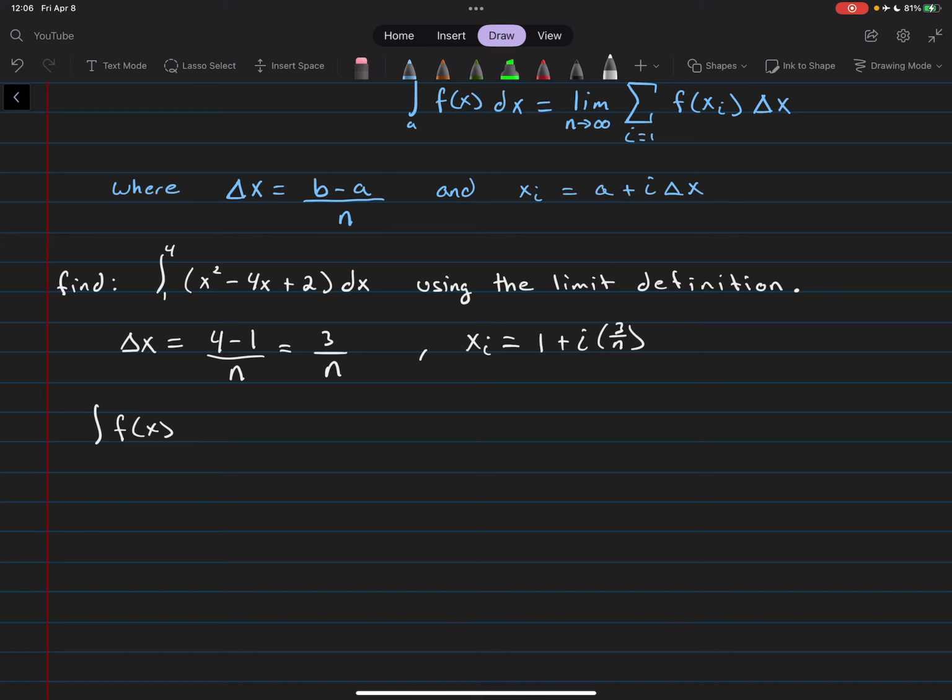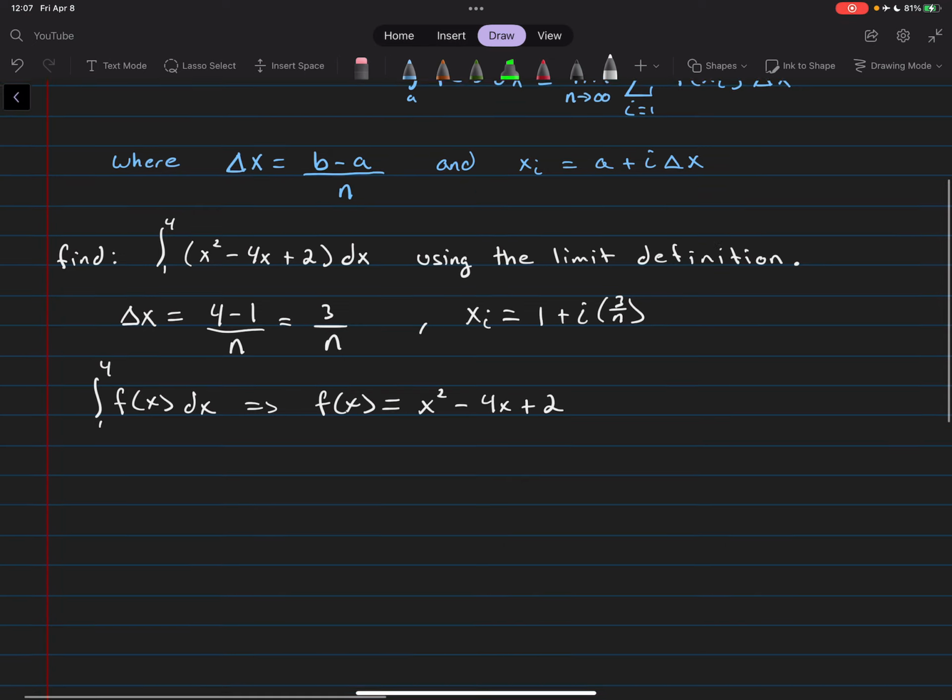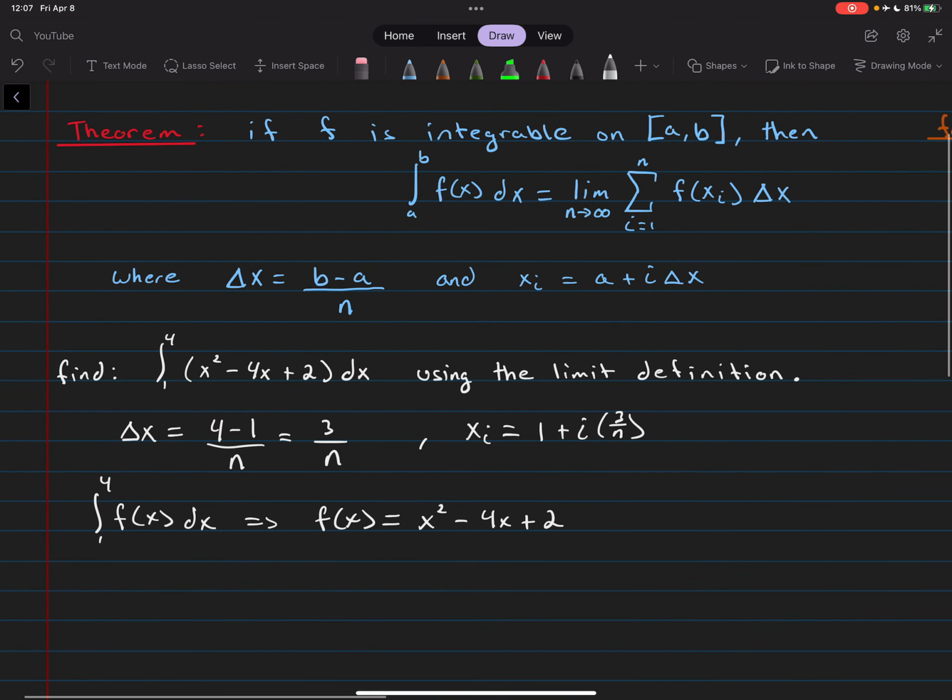So we're doing the integral of 1 to 4 of f of x dx. So that means our f of x is equal to x squared minus 4x plus 2. But, looking up here at the theorem, we want f of x sub i. So everywhere there's an x, we're just going to plug in the x sub i, which is what we found here, okay?